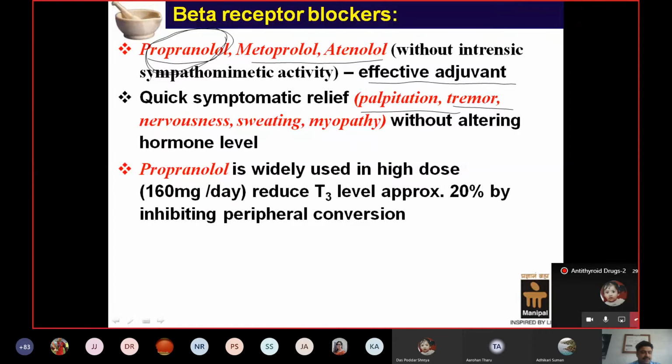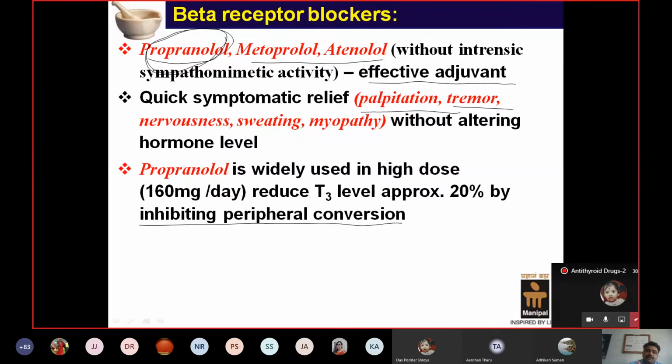That is the high dose, compared to what is given for cardiovascular problems, and it gives the symptomatic relief. Apart from that, it also inhibits peripheral conversion of T4 to T3. So that is why propranolol is preferred.